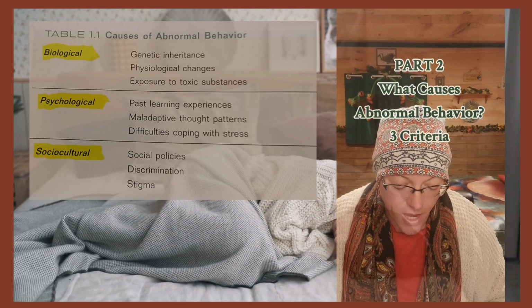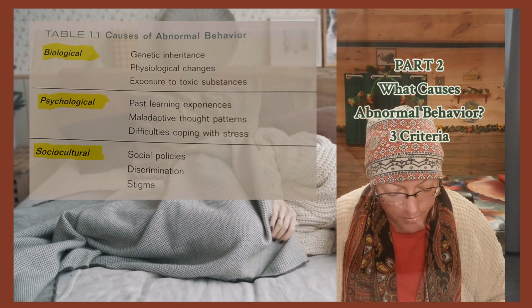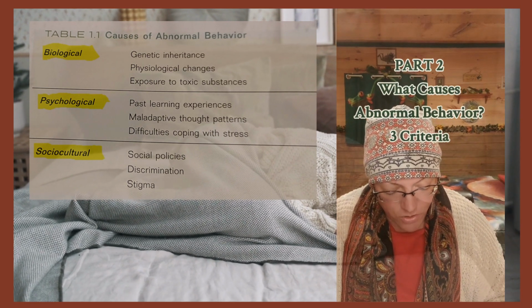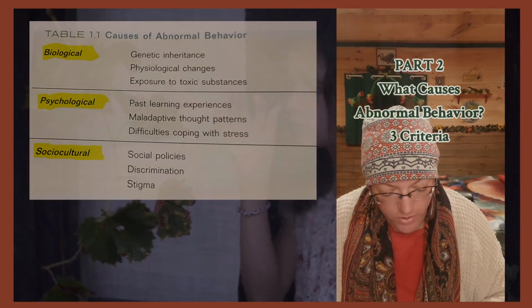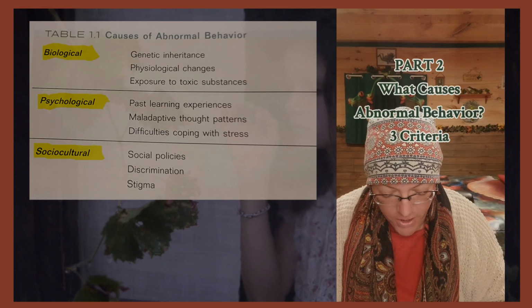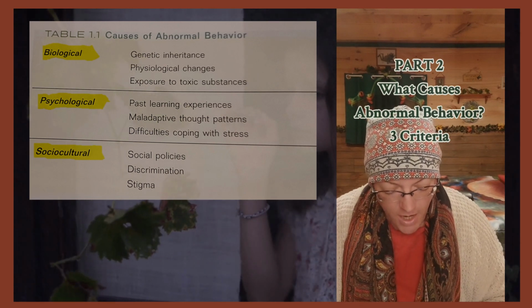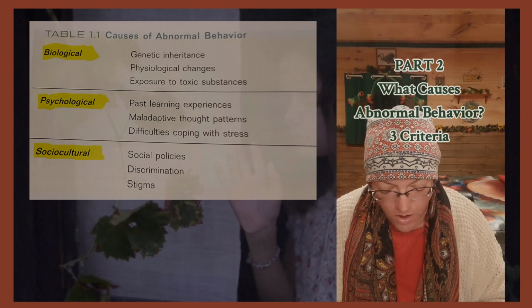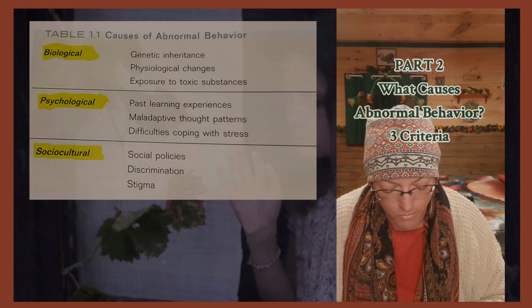For example, a thyroid abnormality can cause a person's moods to fluctuate wildly. Brain damage resulting from a head trauma can result in altered thought patterns. Toxic substances or allergens in the environment can also cause a person to experience disturbing emotional changes in behavior.